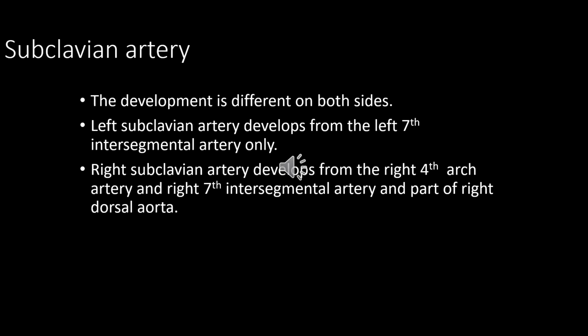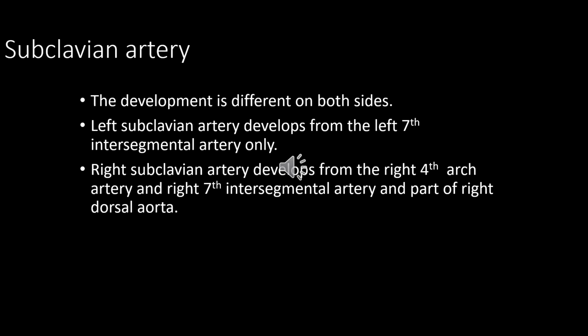As you know, the subclavian artery is of different origins on the right and left sides. On the right side, it's a branch of brachiocephalic trunk, and on the left side, it's a direct branch coming from arch of aorta. This difference is because of embryological reasons.